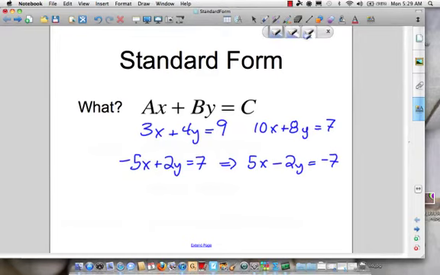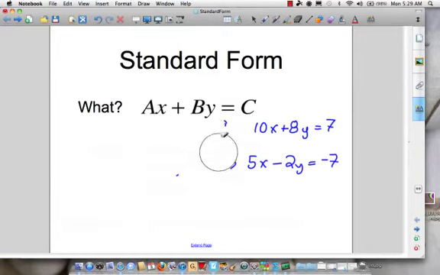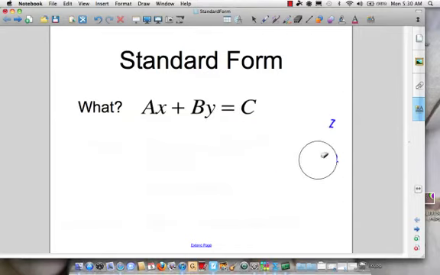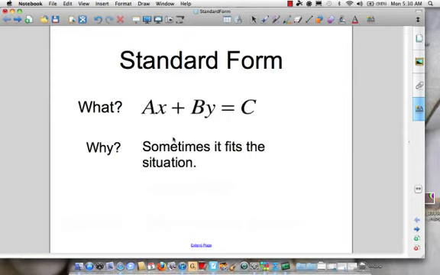Let's now get this out of here so I can show you a little bit more about it. So you might ask yourself, well, why? What's the point of standard form? Well, sometimes standard form is logical and it fits the situation. For example, if I told you that there were two prices for tickets to the movie, the adult price, let's call that A for adult.